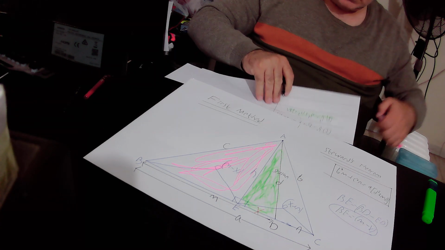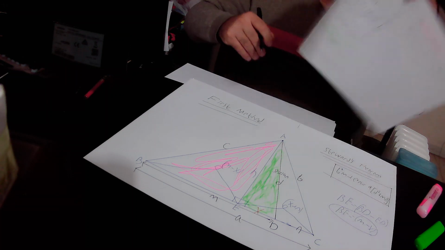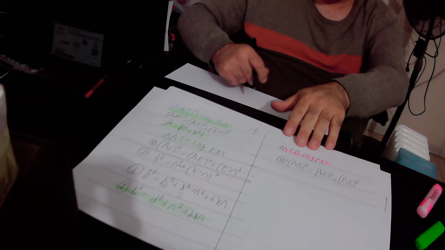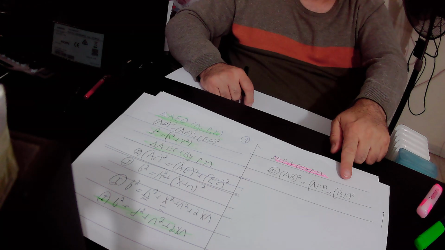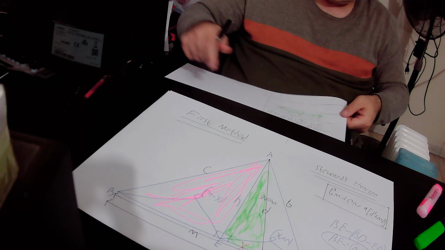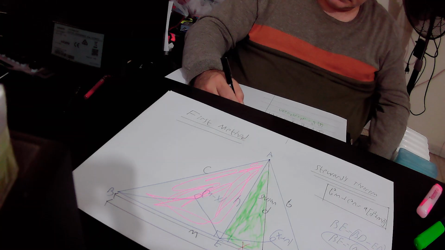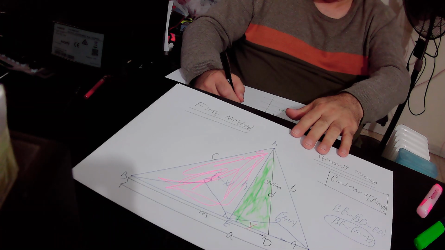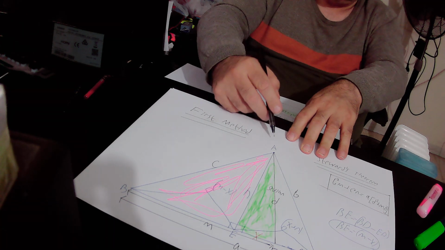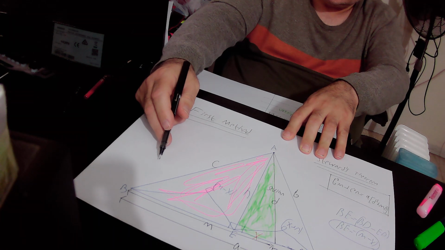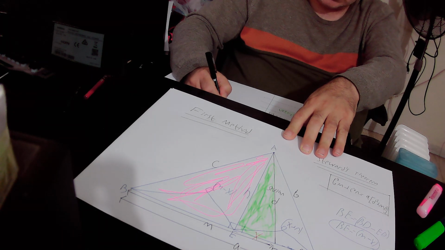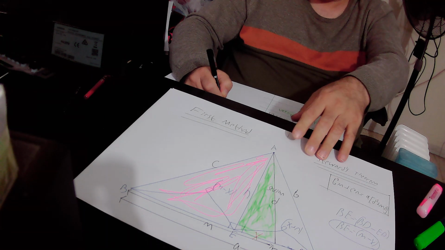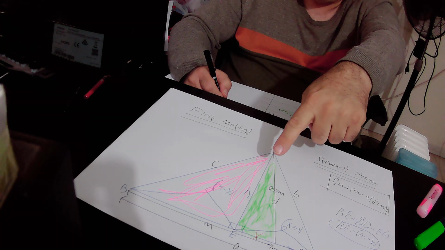I repeat again. On the right triangle, triangle AEB, according to the Pythagoras theorem, we get that AB square equals AE square plus BE square. The hypotenuse AB in the right triangle AEB is c, therefore the square of the hypotenuse is c square, and it must be equal to AE square.